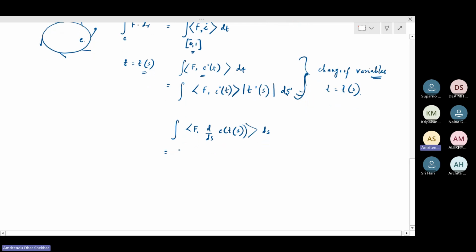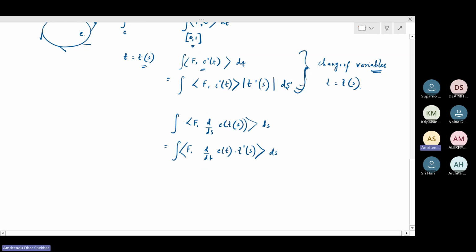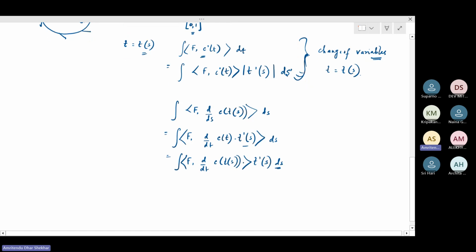That is equal to the integral of f comma c dash t, where c dash t means d upon dt of c of t, times t dash s ds. And so you can just pop this out. So you get the integral of f comma d upon dt of c of t of s times t dash s ds. So you see that there is a difference.